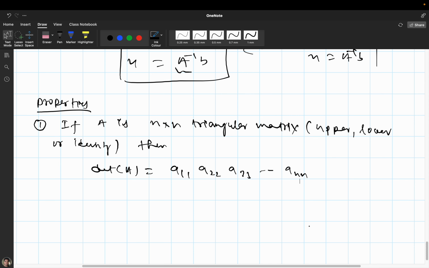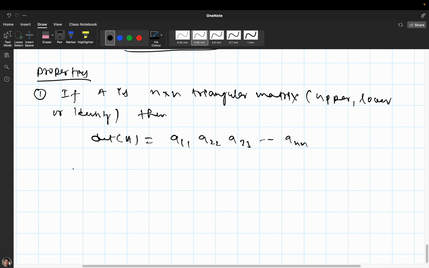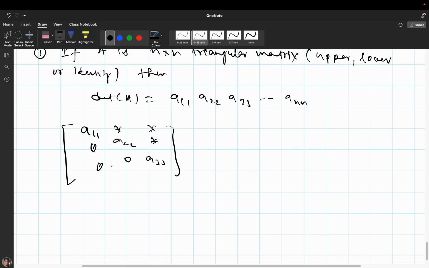Suppose you have an upper triangular matrix, with elements A11, A22, A33 non-zero, and the rest zeros.